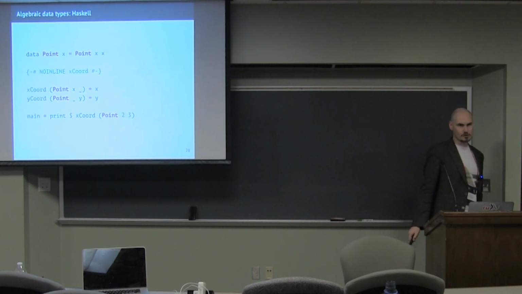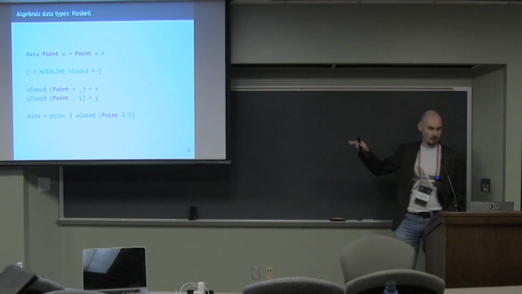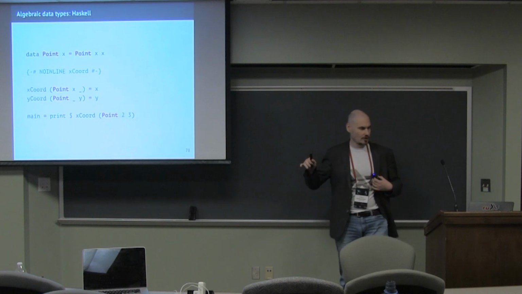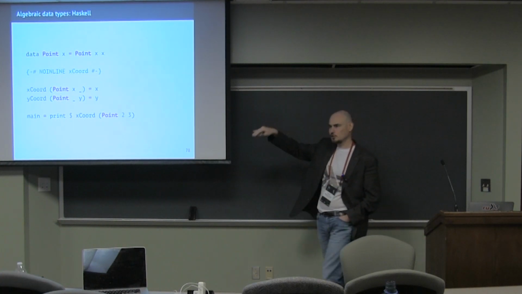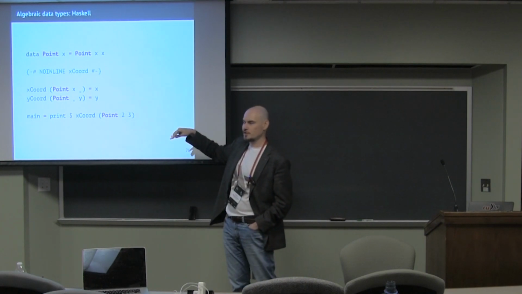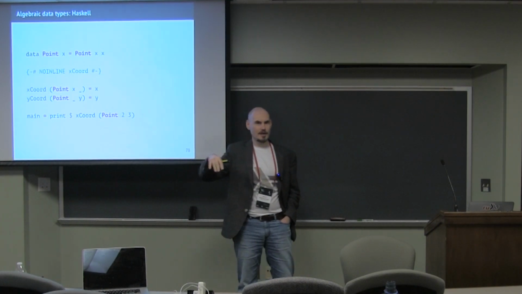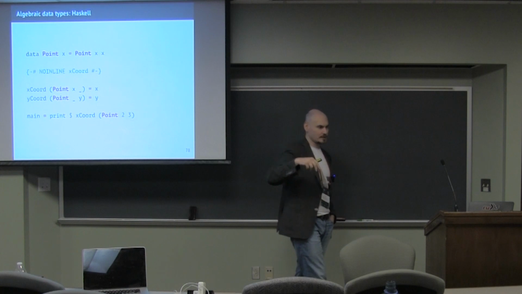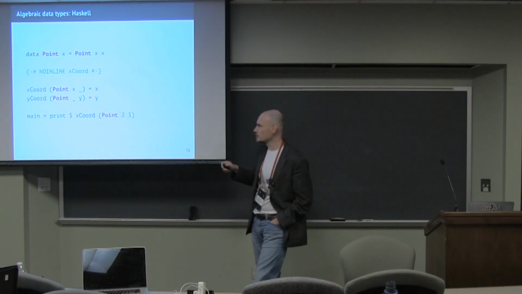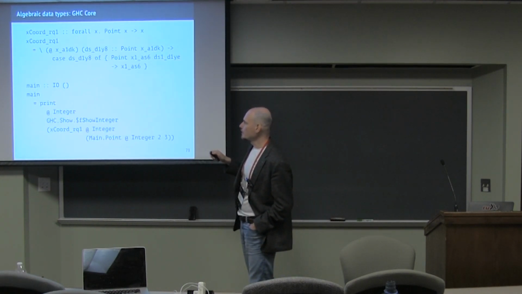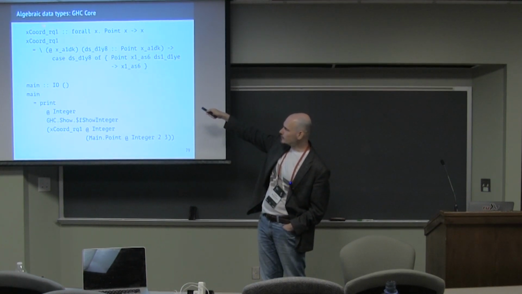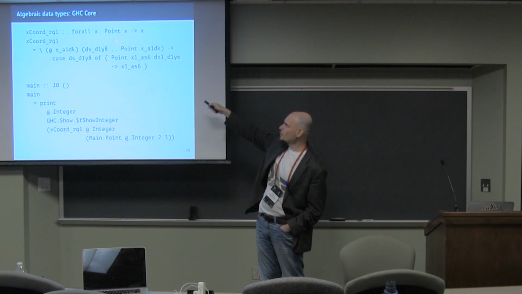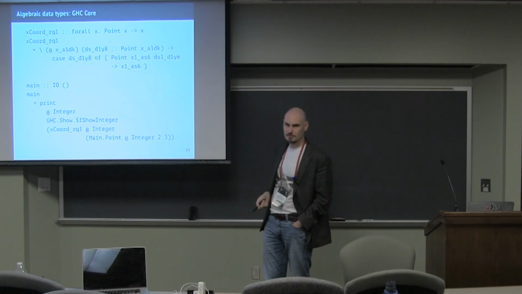And our goal is to see how we can translate all that stuff into GHC Core. So it's not System F omega because of these algebraic data types, and we have these algebraic data types in the GHC Core. So here they are. This is the xCord function, and you can see that you can use this Point x in the type system.